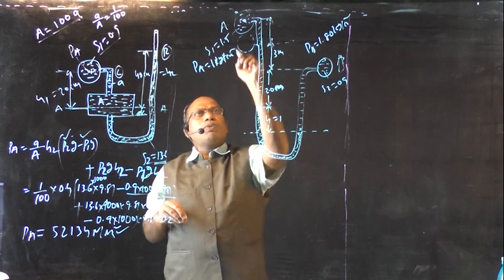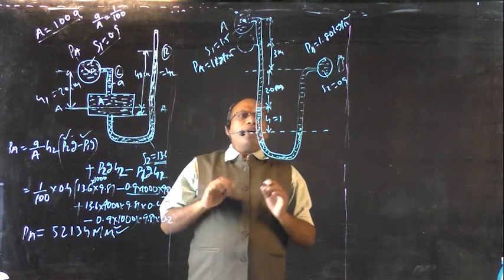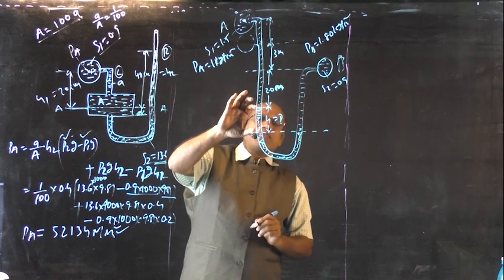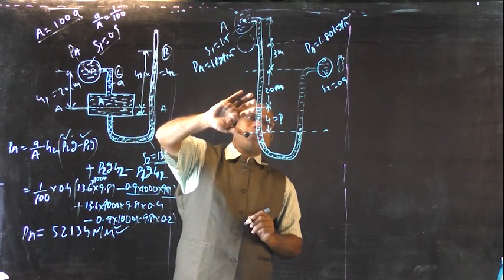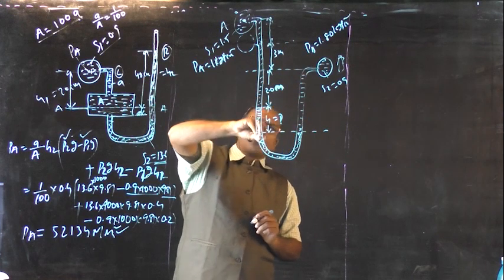Right, and levels are also given here. Now we are going to determine what is the H, the mercury level difference. The mercury moves towards this side, that means the pressure is more here. Because of that high pressure, the mercury is moving towards the left.